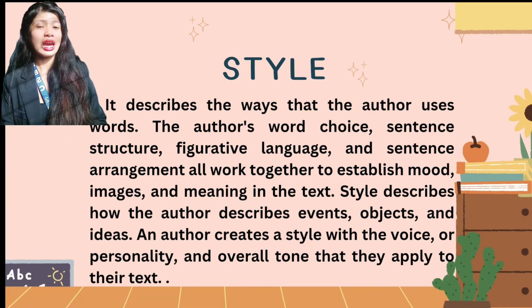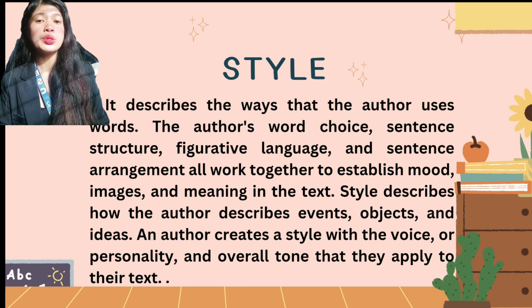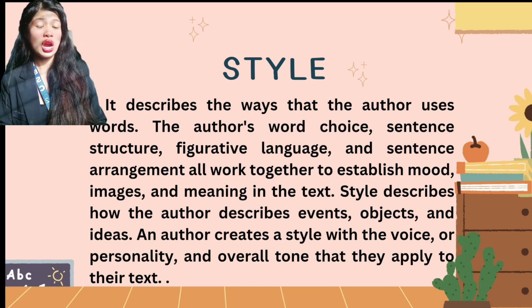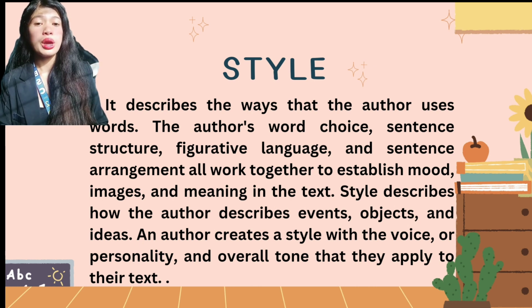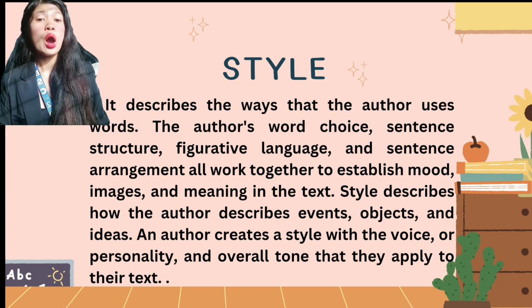Next is the style. Style describes the ways that the author uses words. The author's word choice, sentence structure, figurative language, and sentence arrangement all work together to establish mood, images, and meaning in the text. Style describes how the author describes events, objects, and ideas.